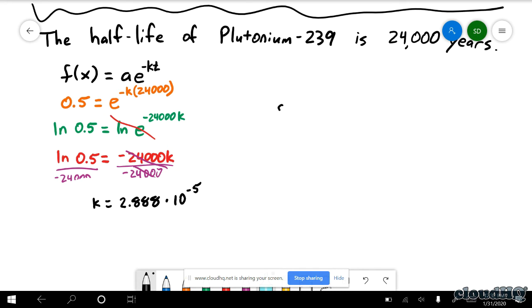So my equation for plutonium-239, right, 1, 2, 3, 4, 5. Yep, okay.